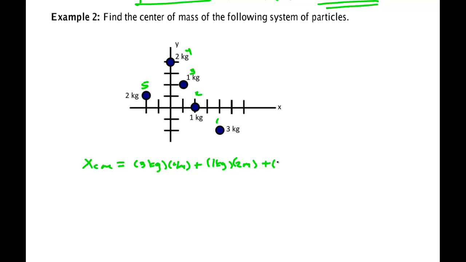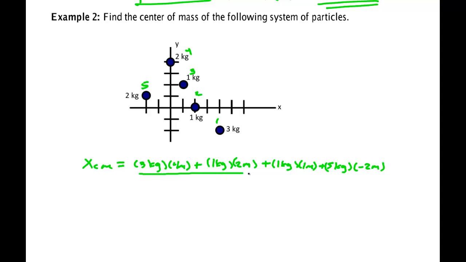I have 1 kilogram. That's located at a distance of 1 meter. I have 2 kilograms, but it's located on the y-axis, which is at a distance of 0. So that's like a person who scores 0. He doesn't add to the points. And I have this one, which is 5 kilograms, and it's at a location of minus 2 meters.